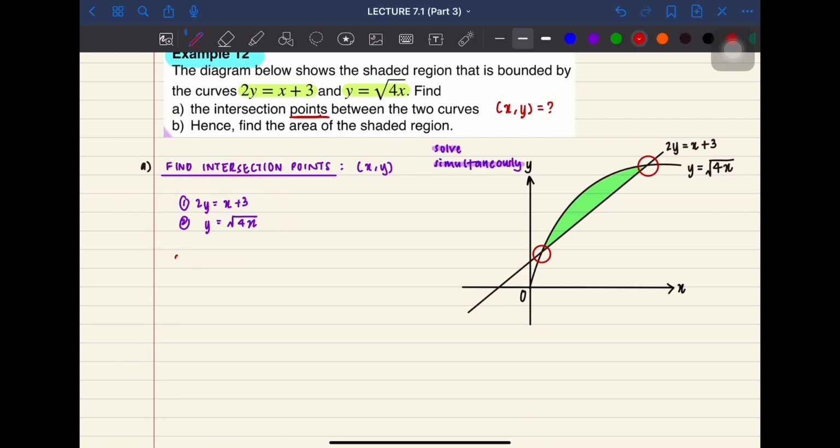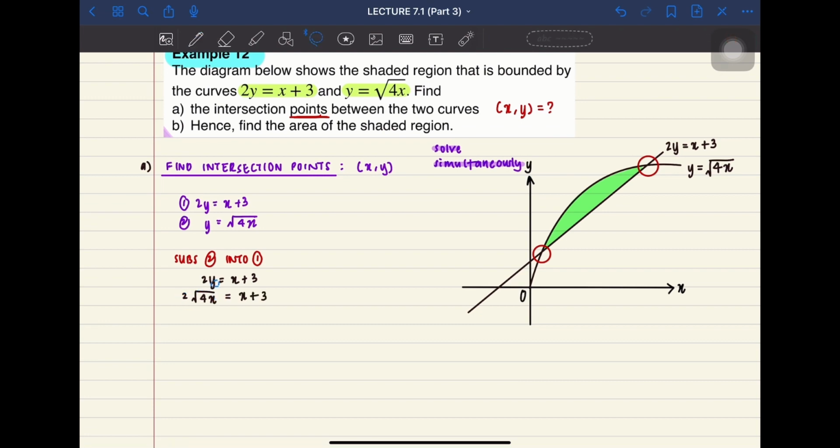So cara simple, kita boleh masukkan 2 dalam 1. Okay, saya masukkan 2 dalam 1. So kita ada 2y sama dengan x tambah 3. So kita akan masukkan y sama dengan sec 4x dalam ni. So 2 darab sec 4x sama dengan x tambah 3.